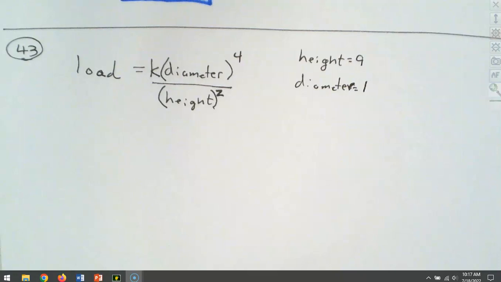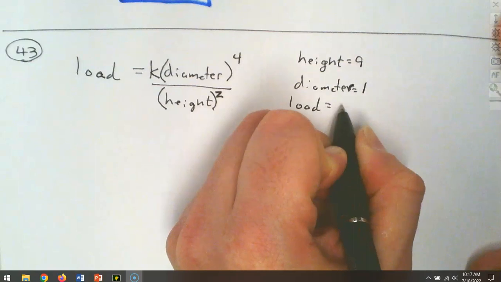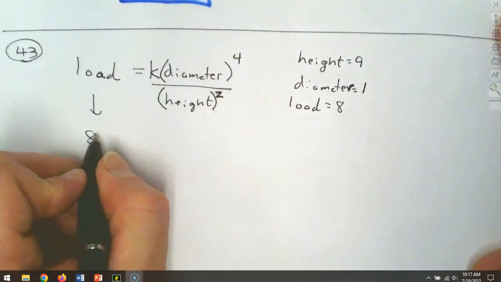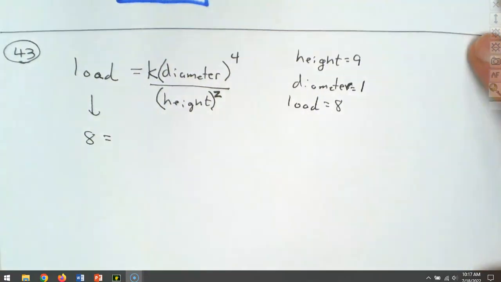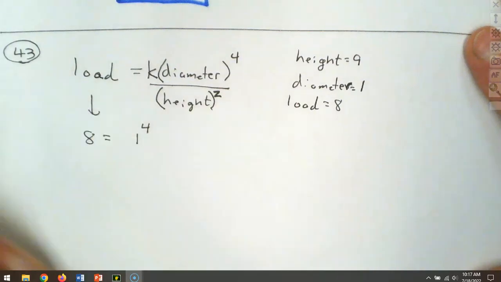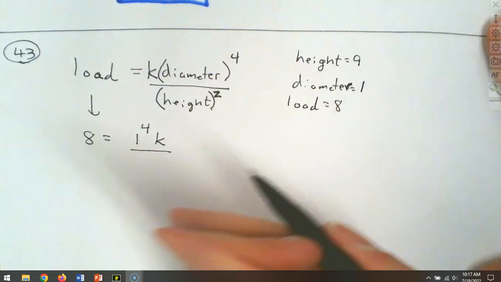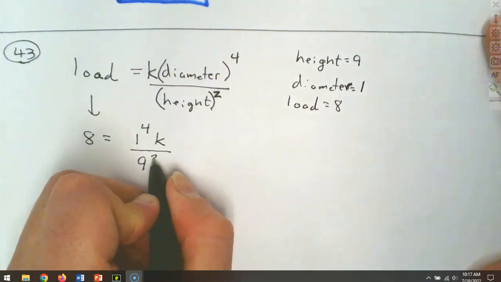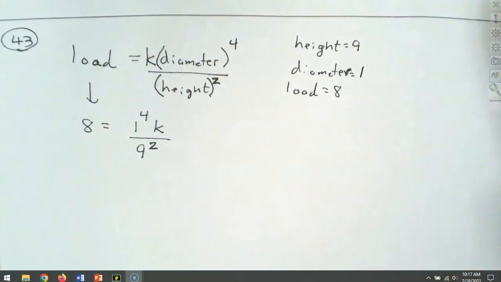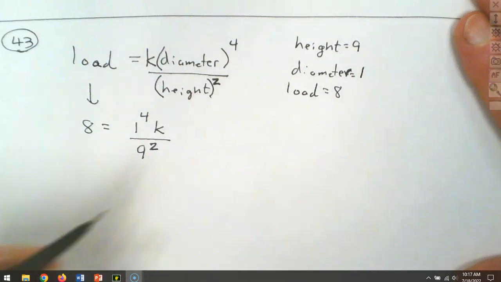And they support a load of 8 metric tons. So now we just plug our values in. So we have our load, which is 8 metric tons. K is unknown. Diameter is 1, but we've got to raise that 1 to the 4th power there. We're going to divide that by the height, which is 9. And we have to square it. Okay, so everything gets plugged in. Now we can work with it.